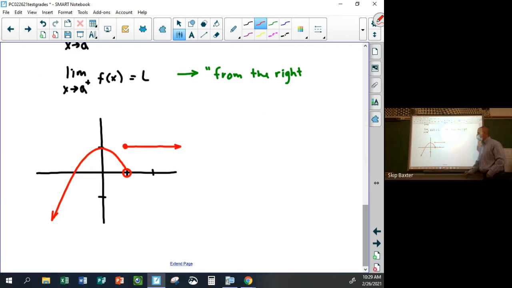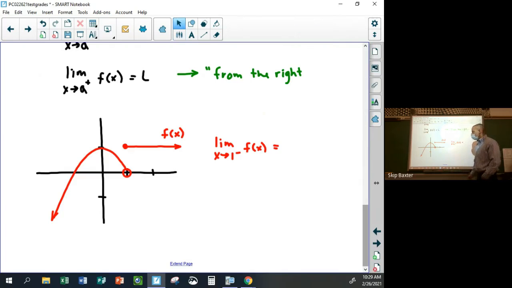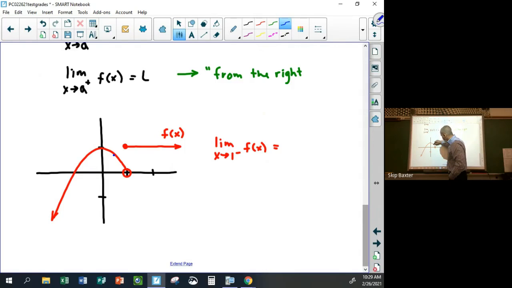Let's say that's the function, f of x. So they might ask you to find the limit as x goes to 1 from the left. So you just ignore this whole side of the function. And you just say, I'm a little bug walking towards that point on the graph. What y value am I getting closer to? 0. So this left side limit is 0.